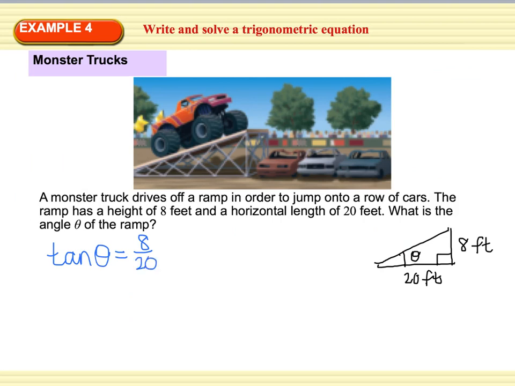And so now if I want to calculate theta, all I have to do is take the inverse tangent of 8/20 or 4/5, and when you type that in your calculator, you should get something around 21.8 degrees, okay, or roughly 22 degrees.